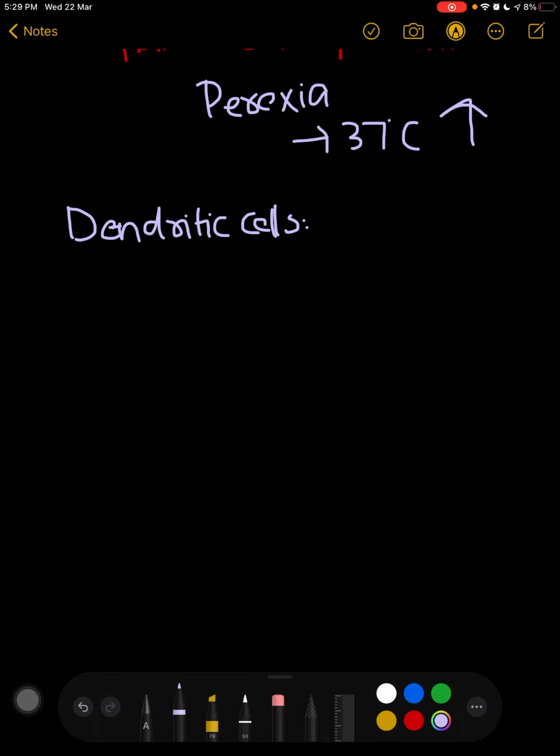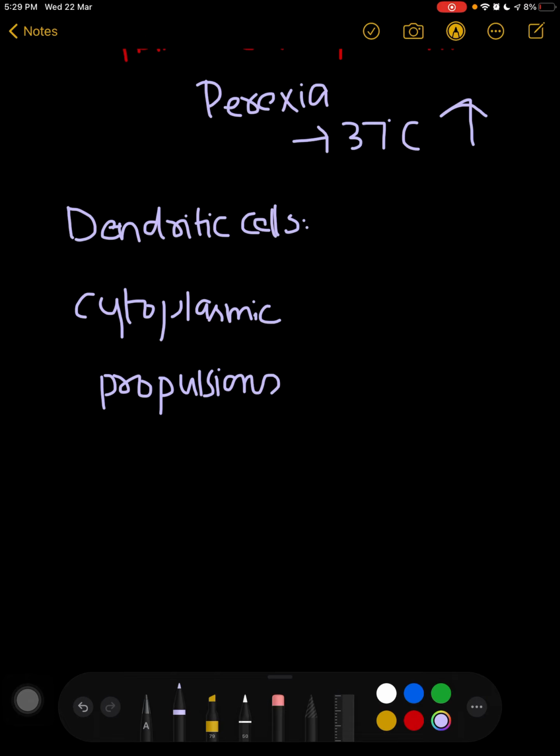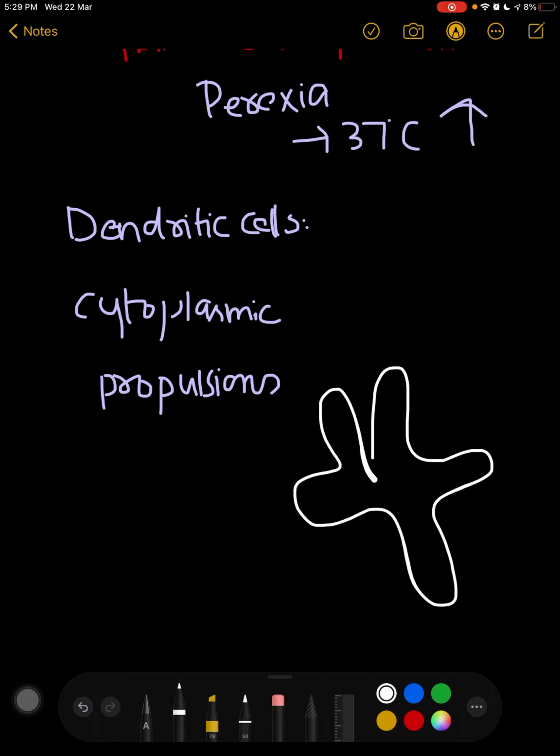So basically dendritic cells are cytoplasmic propulsions. They look something like this, right? Cytoplasmic propulsions.